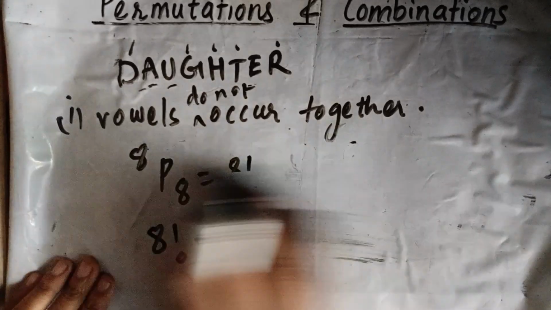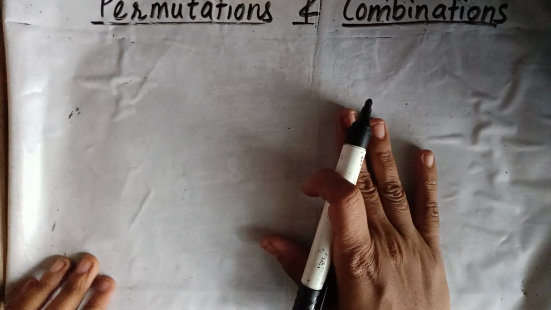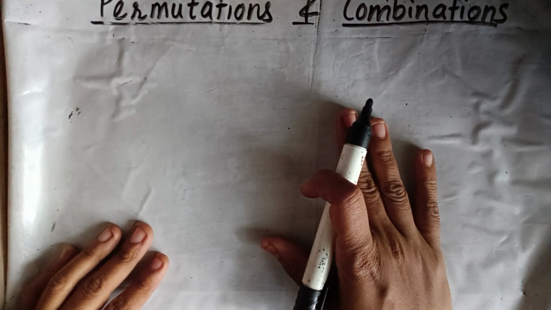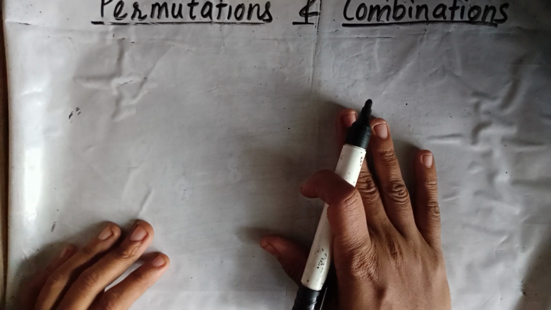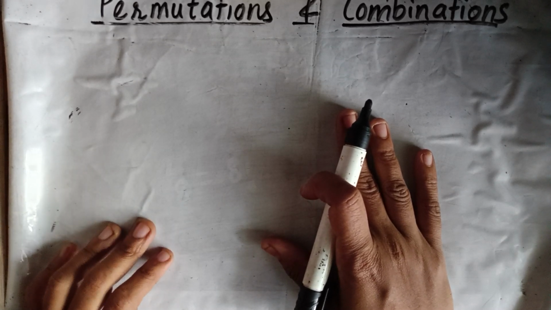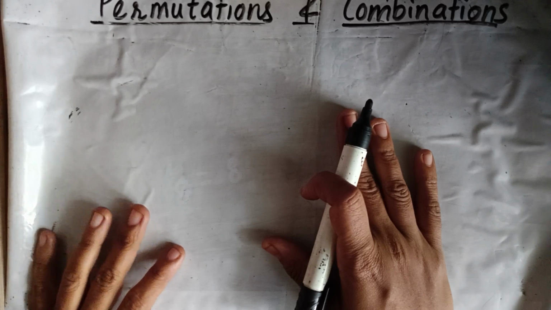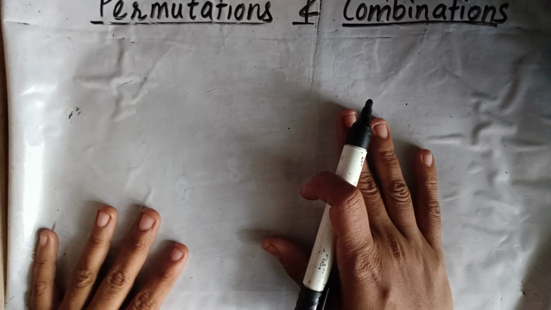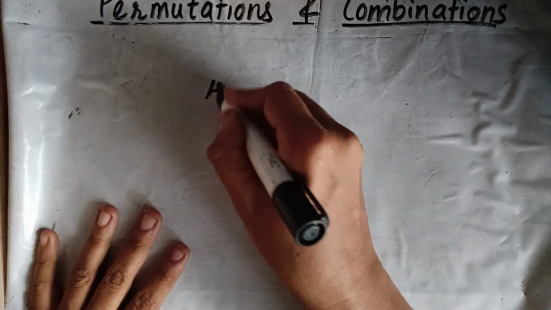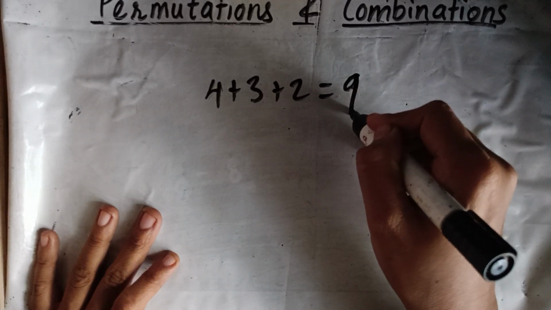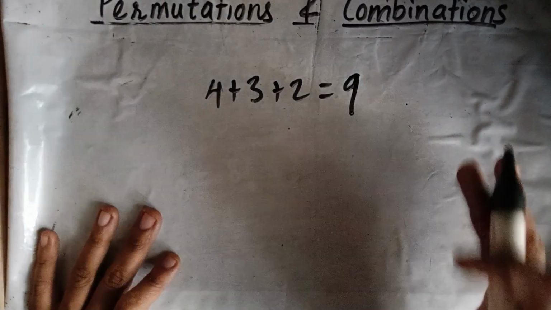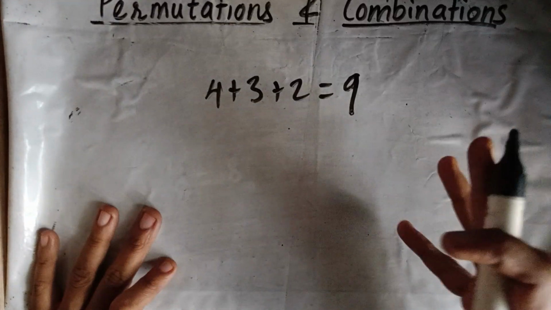Next question. In how many ways can 4 red, 3 yellow and 2 green discs be arranged, where 4 are of the first kind, 3 are of the second kind and 2 are of the third kind? So here you have to first find out the total number. This is 4 plus 3 plus 2, which is 9. Now you have to take each one, 4, 3 and 2.